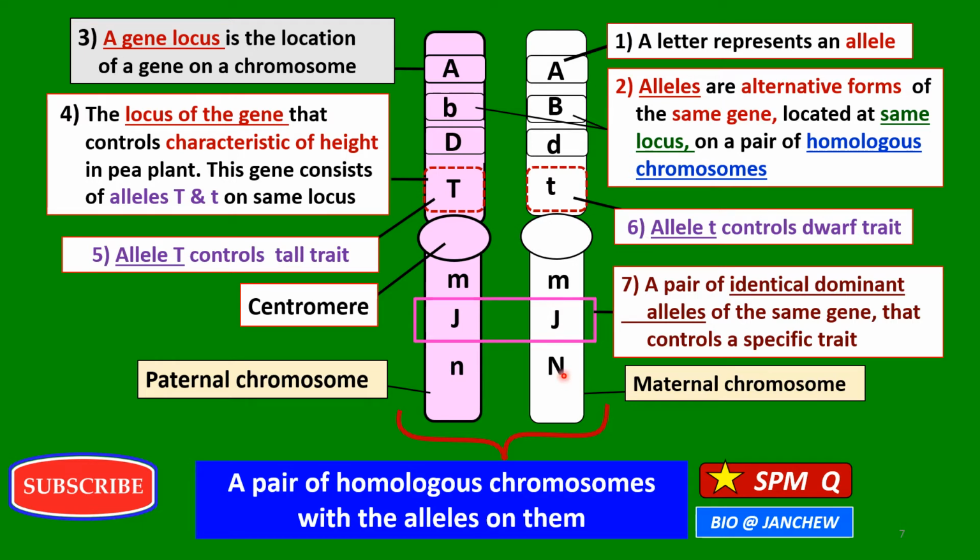But from the aspect of another trait, like the one controlled by big J, it is homozygous. And if it has two recessive alleles, let's say small m here, it is homozygous for the trait controlled by small m, and it's called homozygous recessive because the allele is a recessive allele, small m.